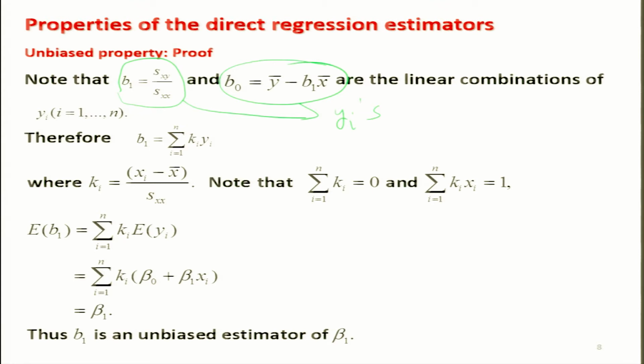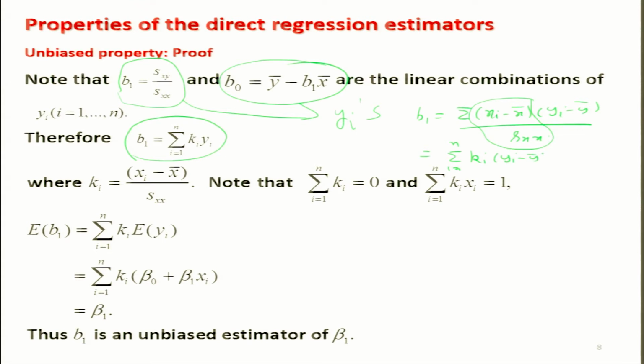So, at least if I consider B1, I can write B1 is equal to summation (xi minus x bar)(yi minus y bar) upon Sxx, right. In case I write this quantity as ki, I can write this as summation i goes from 1 to n ki (yi minus y bar), right.